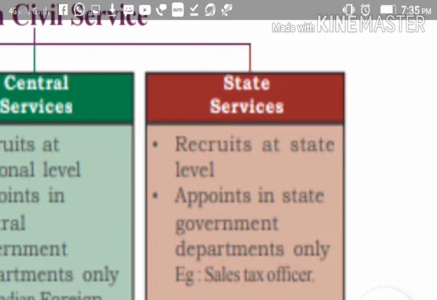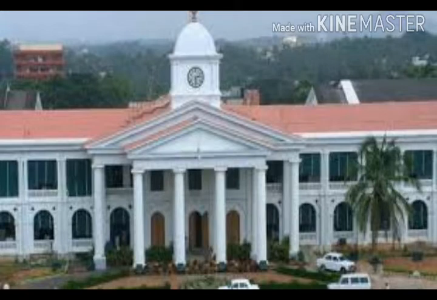We can see a number of government officers and employees throughout the different parts of our Kerala. Trivandrum is the head of these government employees, and we can see the great officers in the capital office, the Secretariat.